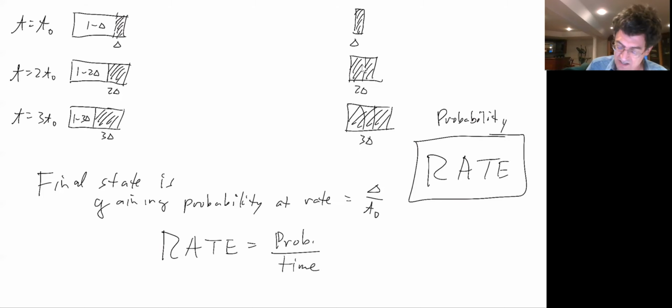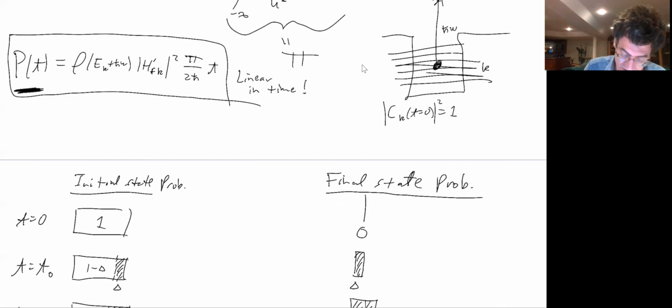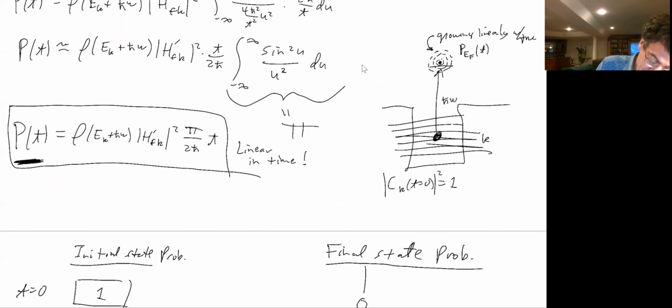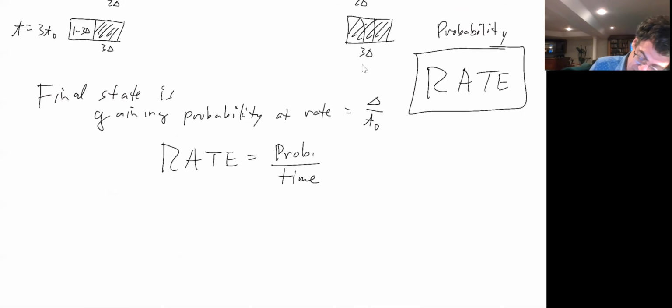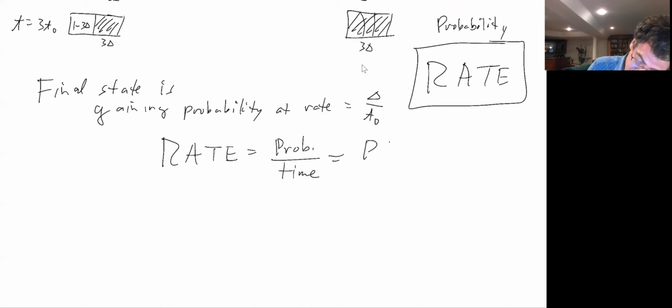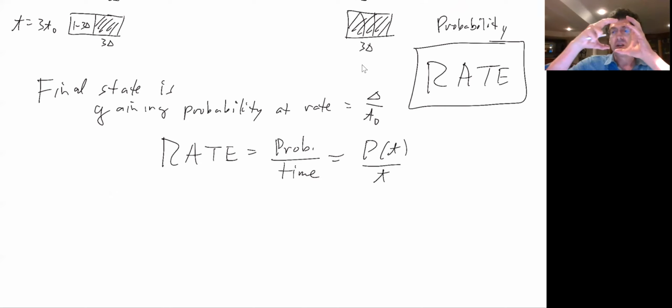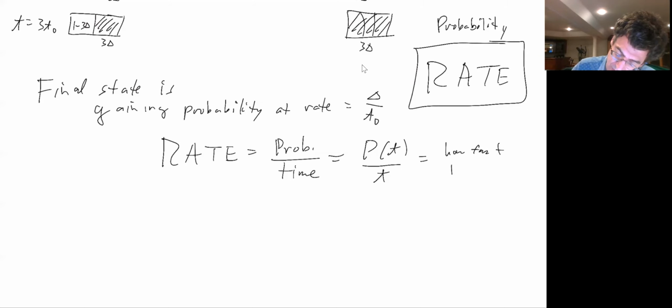Okay, and so what that means is that notice my probability is changing linearly, and so the probability rate is just P of t divided by t. Because if my probability is changing linearly in time, if I divide it by time, then I get the rate. And that's telling me how fast probability is switching over.